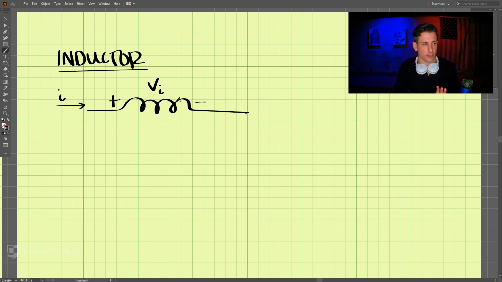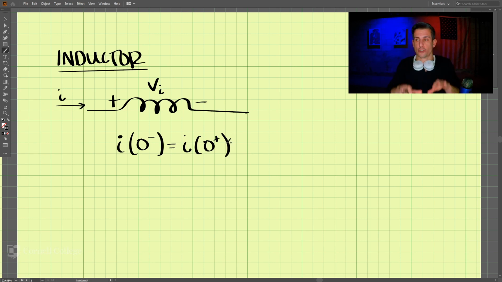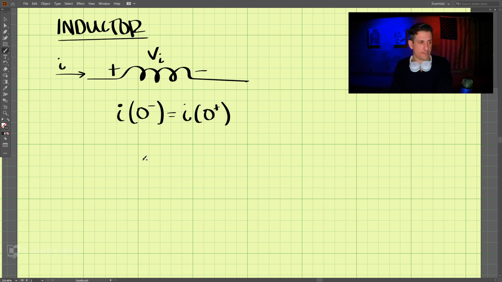Now with inductors, the current right before 0, on the left-hand side, is equal to the current on the right-hand side of 0. So when we switch things on or off, when the circuit changes, the current must be continuous.